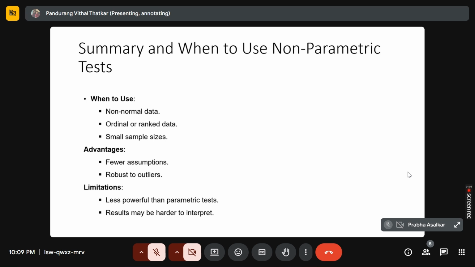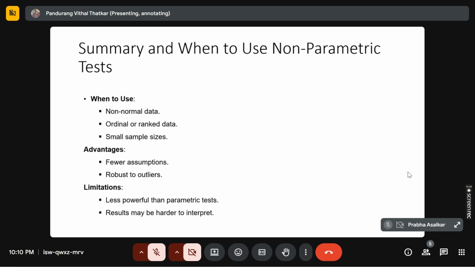So non-parametric tests of significance can be used when data is not normal, data is ordinal or rank data, or sample sizes are small. The advantages are that there are fewer assumptions, and since we are using ranks and medians, they are not affected by outliers, because outliers are at the end of the distribution, either the lower end or the upper end, but here we are using ranks or medians, so it will not affect the result.